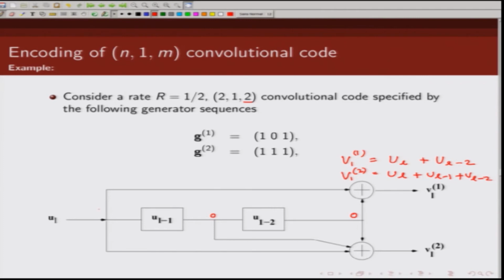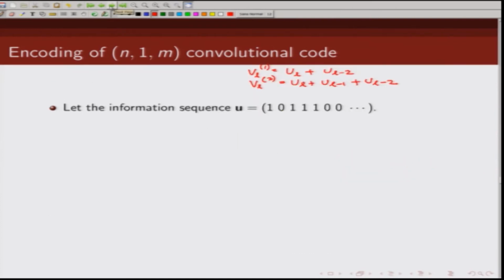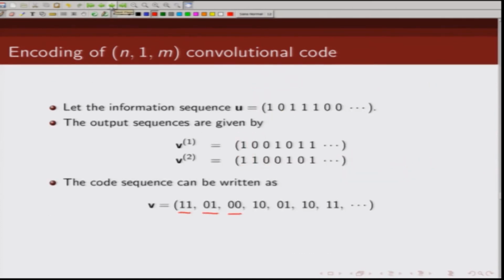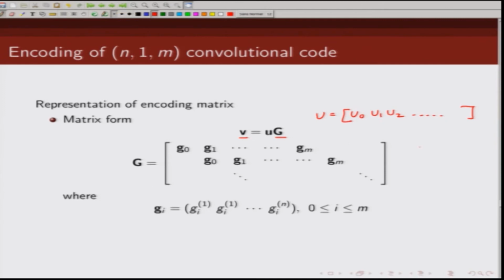What is G0? G0 is this interconnection, which is connecting U to the output. So, at the first time instance, the output is nothing but U0 times G0.